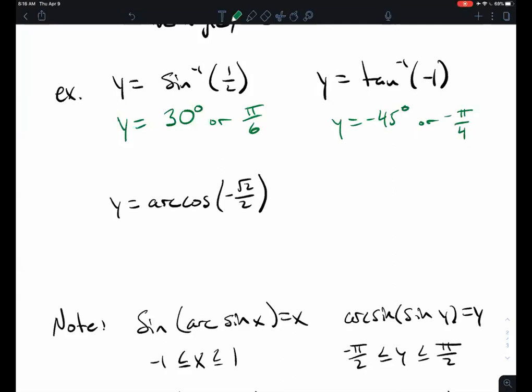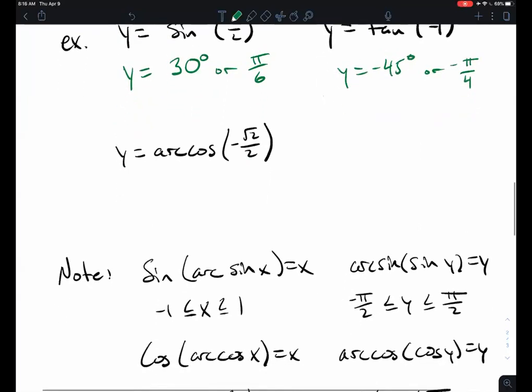Okay? And the reason that it's that and not, say, for example, I guess what would it be? 3 pi over 4, right, or 135 degrees, is because of the restriction that we're going to put on it. The tangent is going to be like sine, where it exists between -pi over 2 and pi over 2.